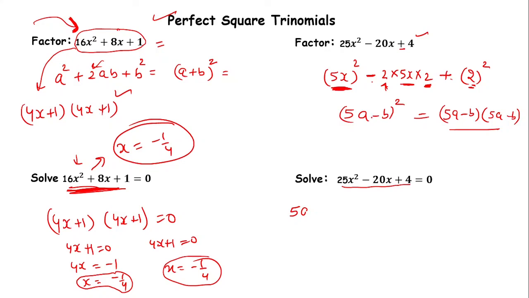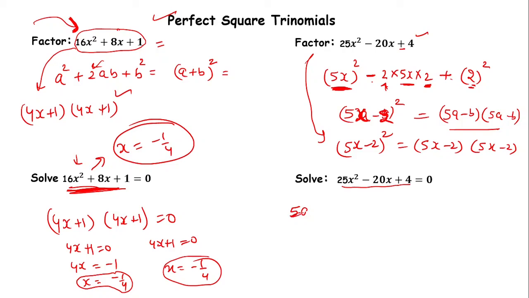It is 5x and here we have 2. So the answer for this question is 5x minus 2 and 5x minus 2.